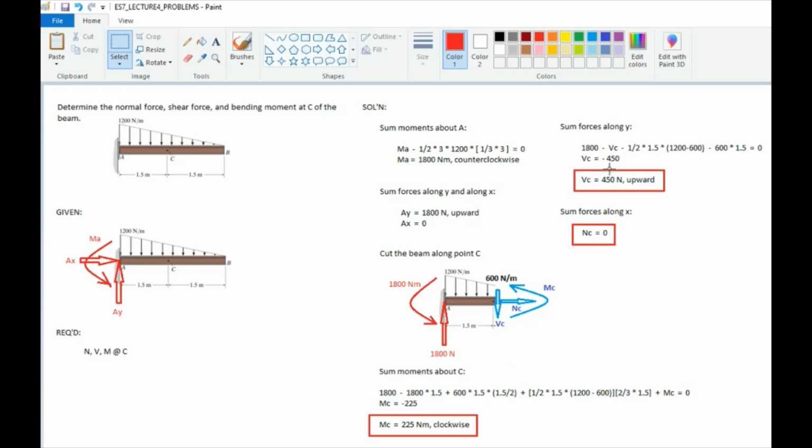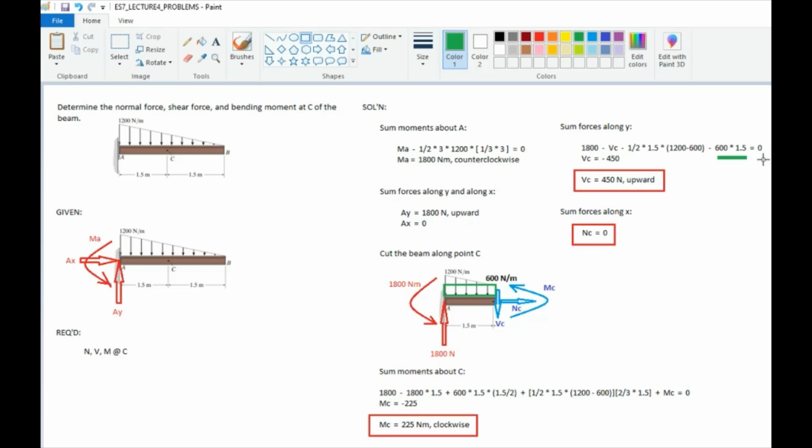Okay. And then, summing forces along Y, you'll have 1,800 minus VC minus 1/2 times the base times the height of 600, this triangle. Okay, 1,200 minus 600. And then, minus this rectangular load, which is 600 times 1.5.